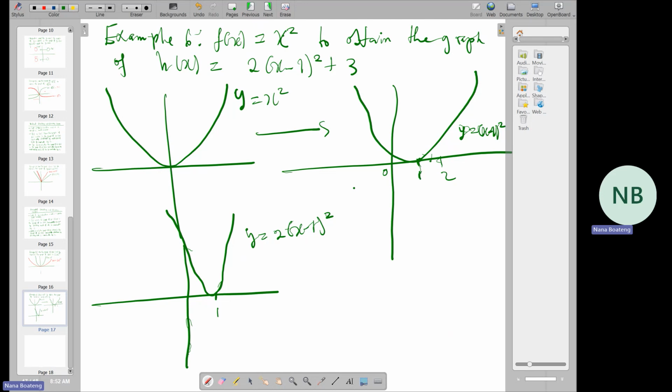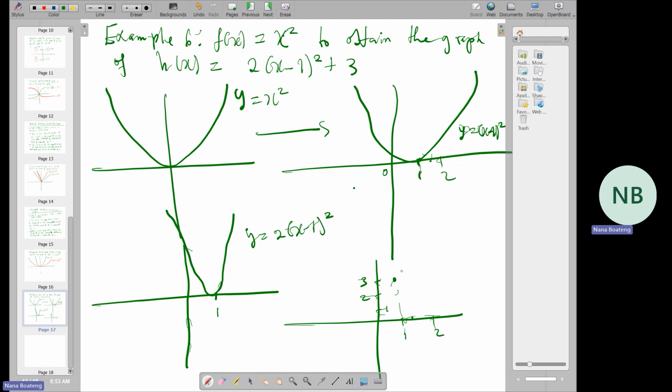So it's a vertical shift upwards by 3 units. So now, finally, this is 1, 2, and this is 1, 2, this is 3. So now, after it's vertically stretched, it's vertically shifted upwards by 3 units.